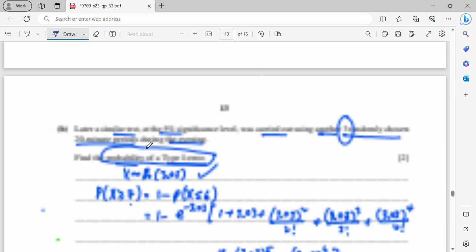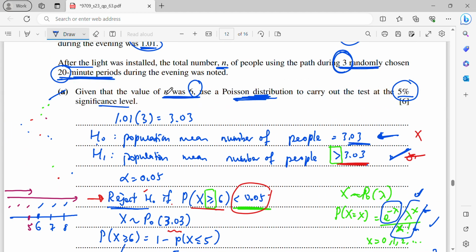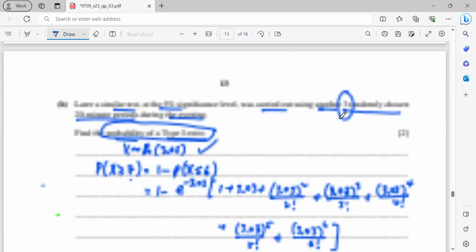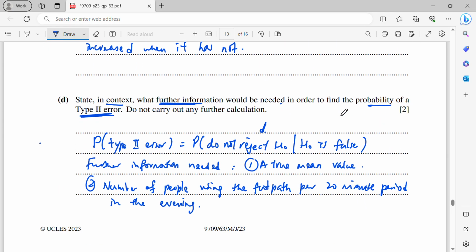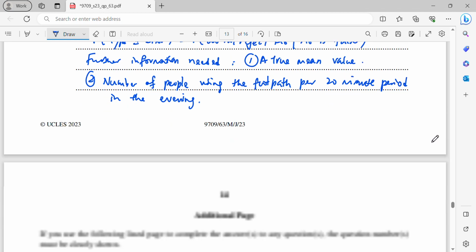Let me check back the question over here. So we need these two pieces of information in order to calculate the type 2 error. These are the solutions for D.